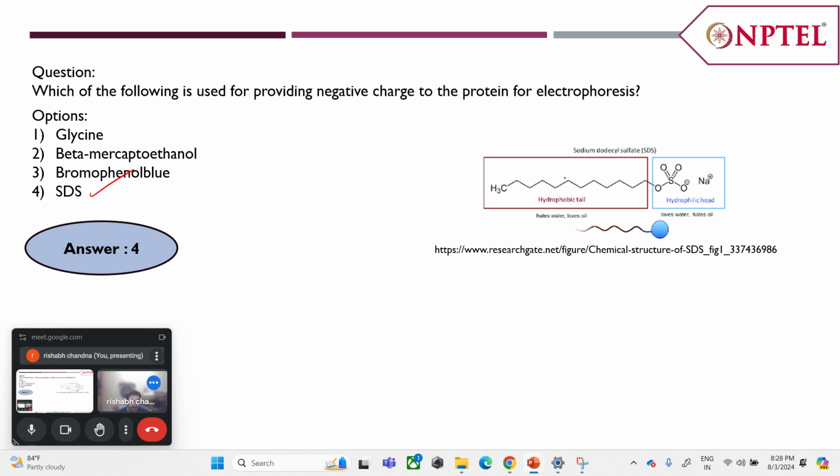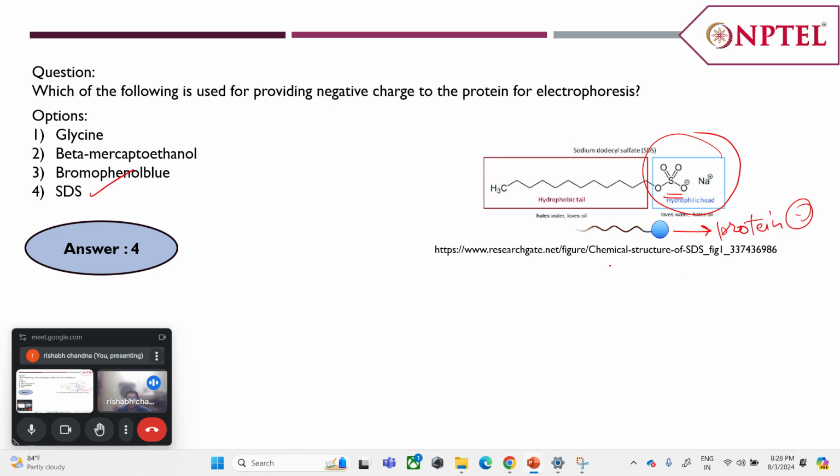So this is the detergent molecule that basically has a structure of a fatty acid. It has a long hydrophobic tail, and the head of the molecule is negatively charged because of the sulfate group. It attaches to the protein molecule and provides a negative charge on the protein.